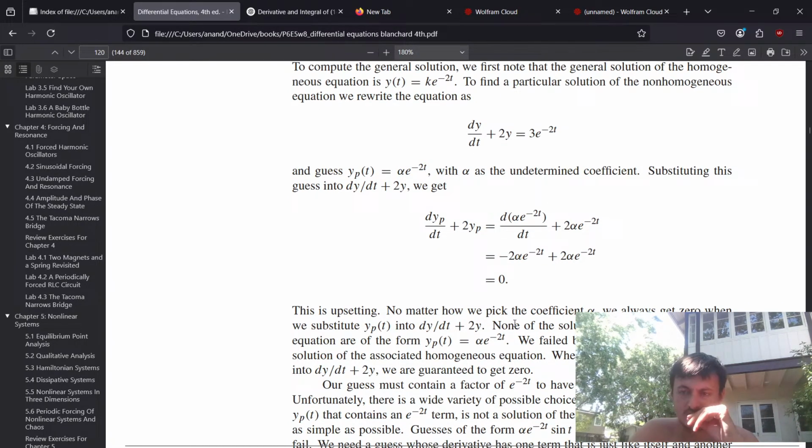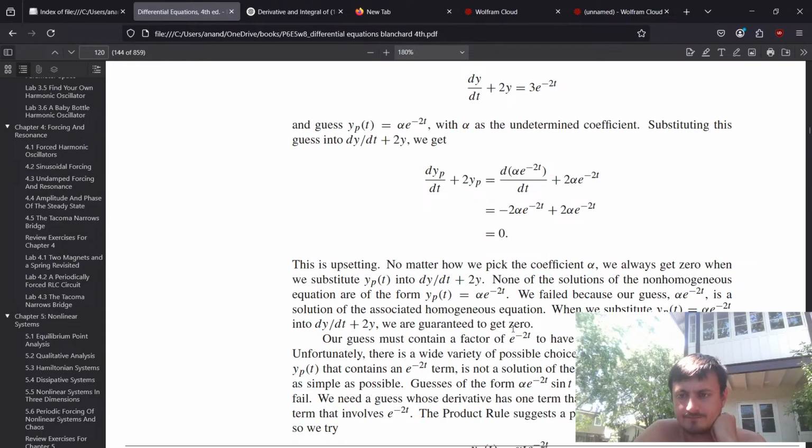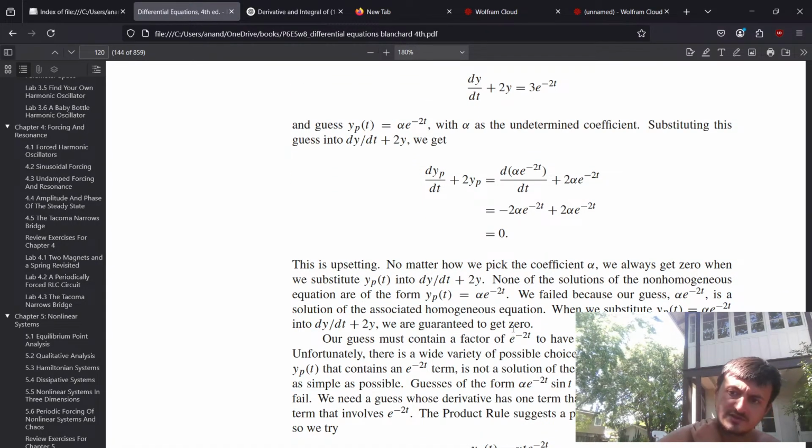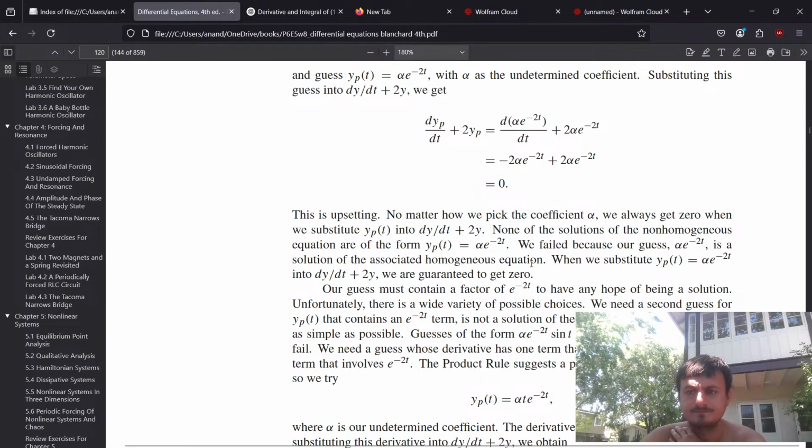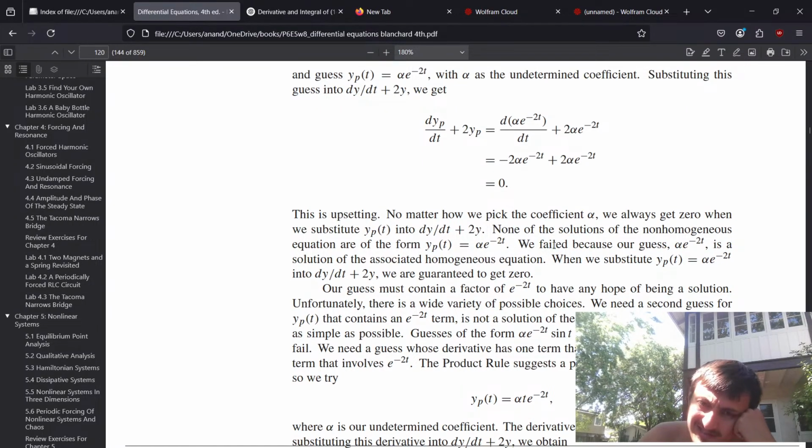None of the solutions of the non-homogeneous equation are of that form. We failed because our guess is a solution of the associated homogeneous equation.